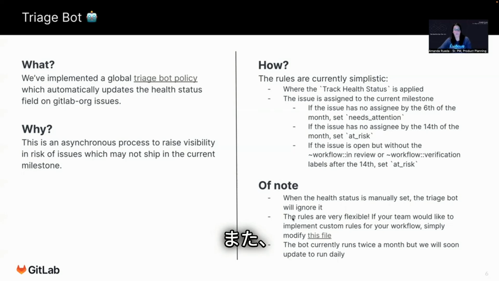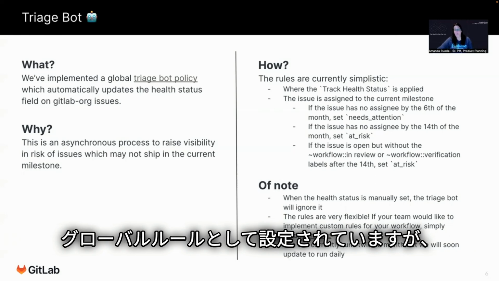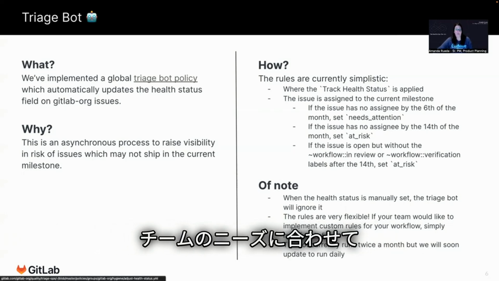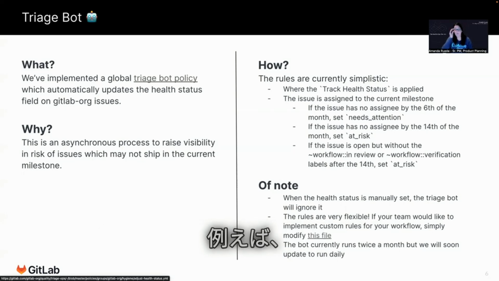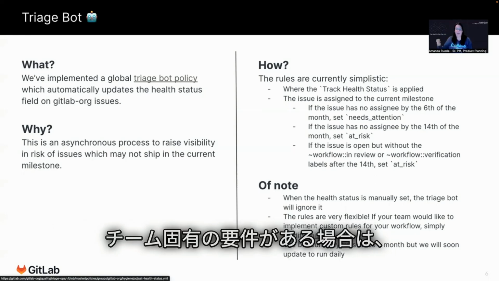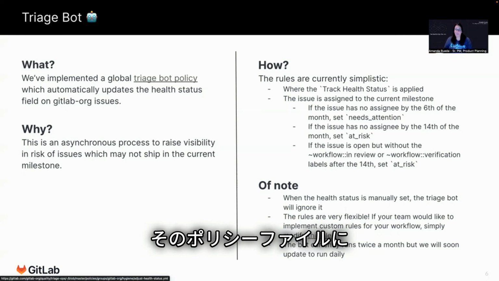I also want to mention that the rules are super flexible. Although these are global rules, you are allowed to go into the file that drives this data or this policy rather, and modify it for your teams. If you think there's something that you would like to see and all of the teams would benefit from it, feel free to implement it and just communicate.